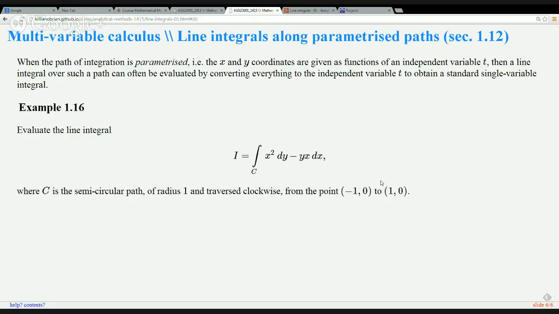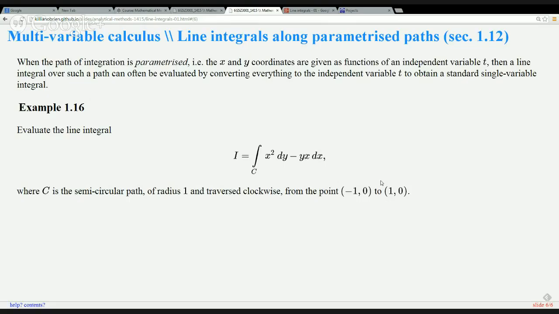That will start you off at this point here on the unit circle, and as t decreases from pi down to 0, this point here will be t equals pi over 2. This is t equals pi. This point here will be t equals pi over 4, and then you'll be down to here at t equals 0. That's called a parameterization of the path C. It gives you these cosines and sines.